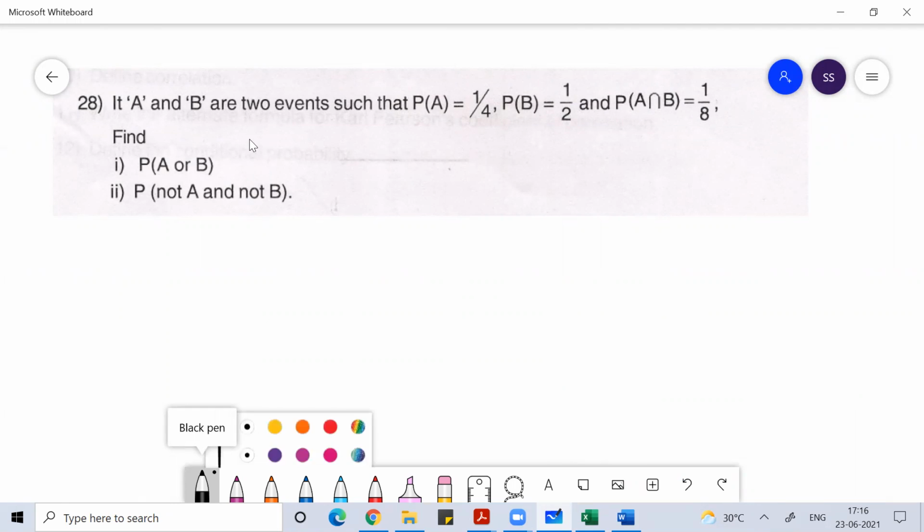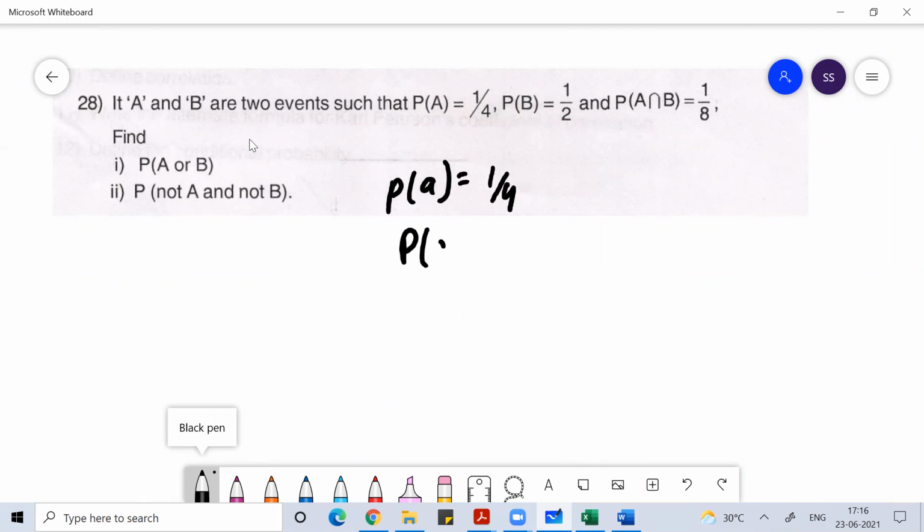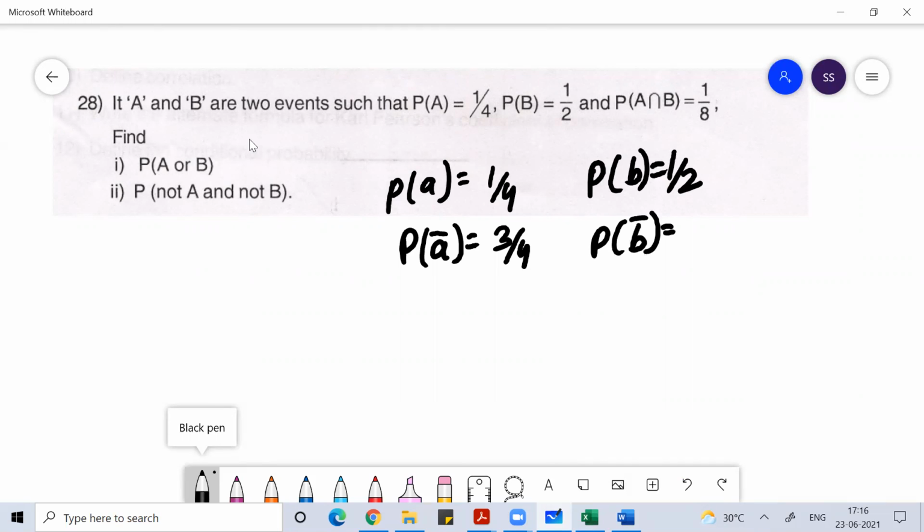See this question. So probability of A is 1 by 4. So probability of not A would be 3 by 4. Probability of B is 1 by 2. Probability of not B would be 1 by 2. Okay. And the probability of A intersection B is 1 by 8.